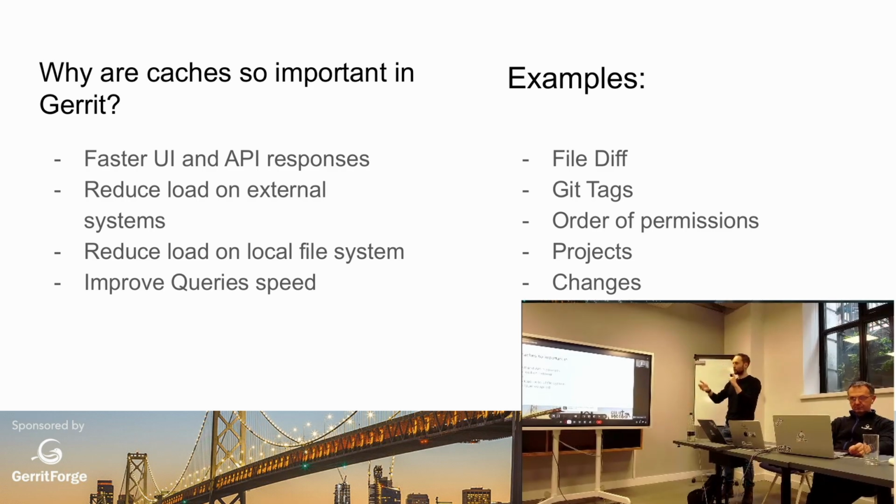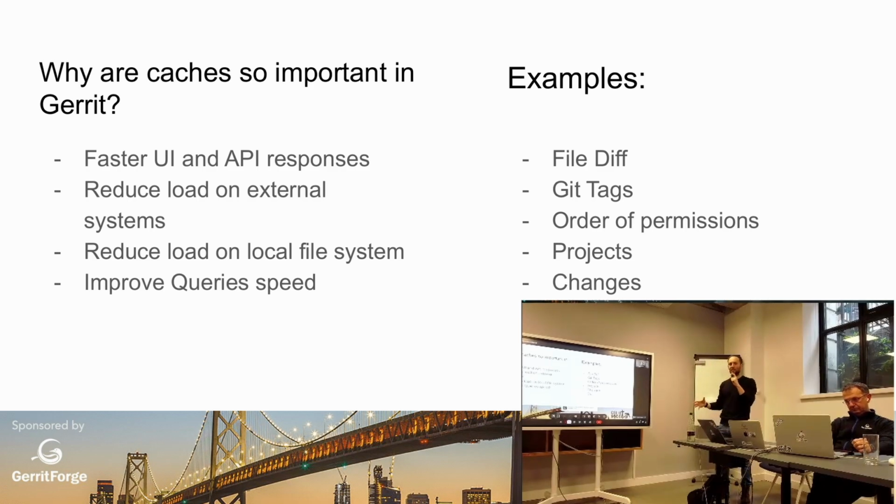I just wanted to give you an idea of some of the things that are cached in Gerrit. I find it curious sometimes, but the first time I started, I didn't realize that the file diffs that you see in the UI are cached. I think that's pretty cool. Git tags are cached, the order of your permissions and the permissions themselves, the configuration files, the details of your projects, the details of your changes, everything.